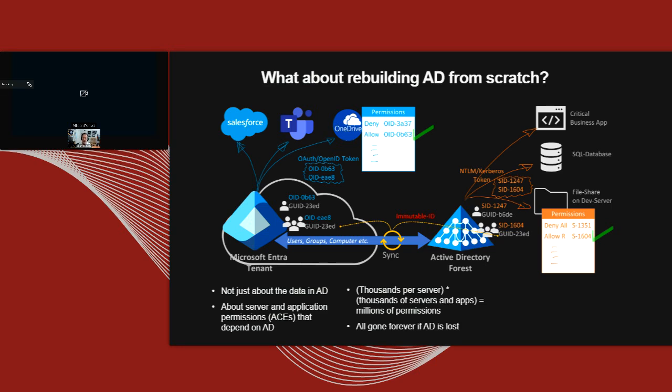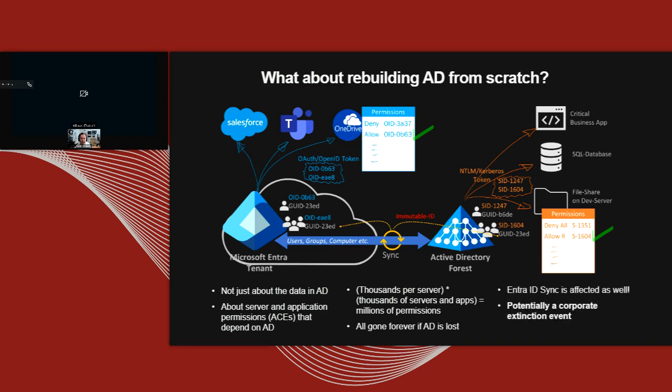Those security identifiers are spread all through those applications, thousands of them on a typical server, or even on your PC. If you go look in the permissions on your PC, take that and multiply it by thousands of servers and applications, you come up with millions of permissions. If you throw Active Directory away and you rebuild it, all those permissions are lost.